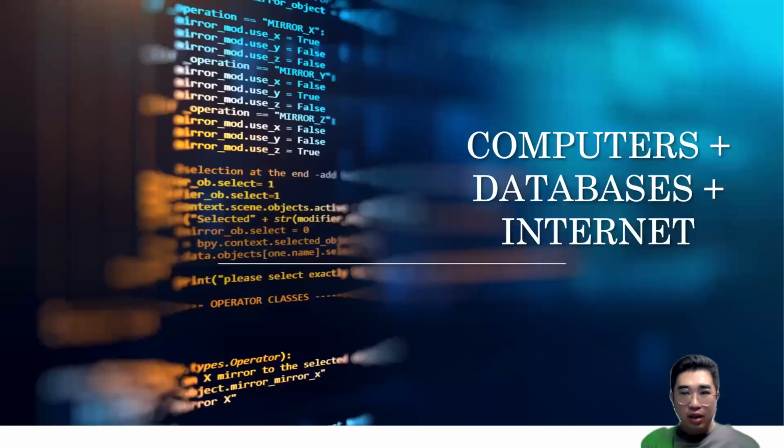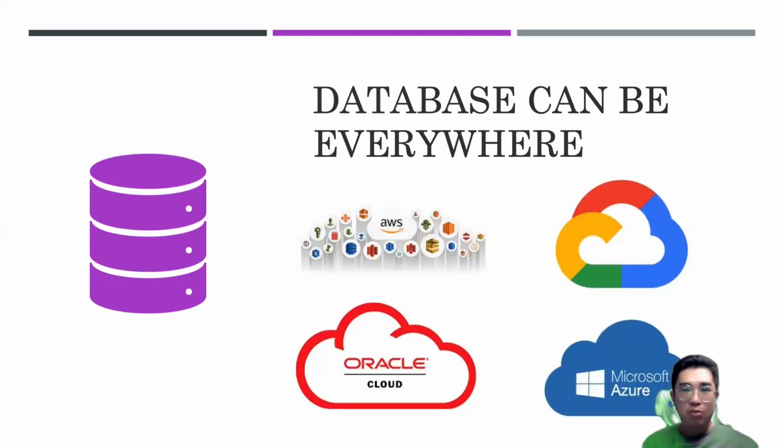Having said that, what happens in our current world is that computers plus databases plus the internet give us a very interesting byproduct, for want of a better word: databases achievable everywhere, anywhere. So databases can be stored online now on cloud services.